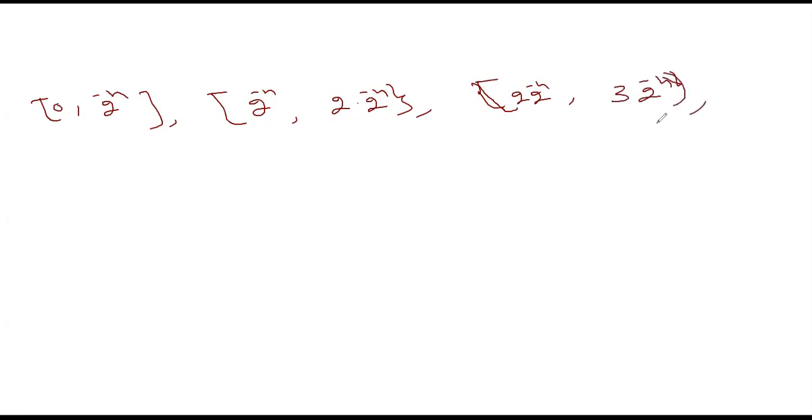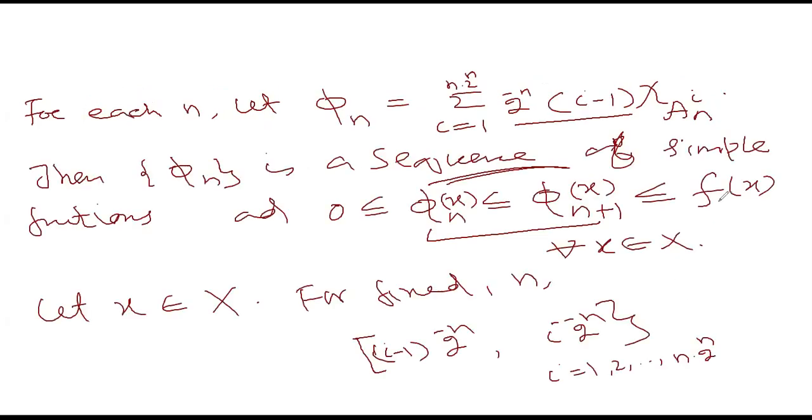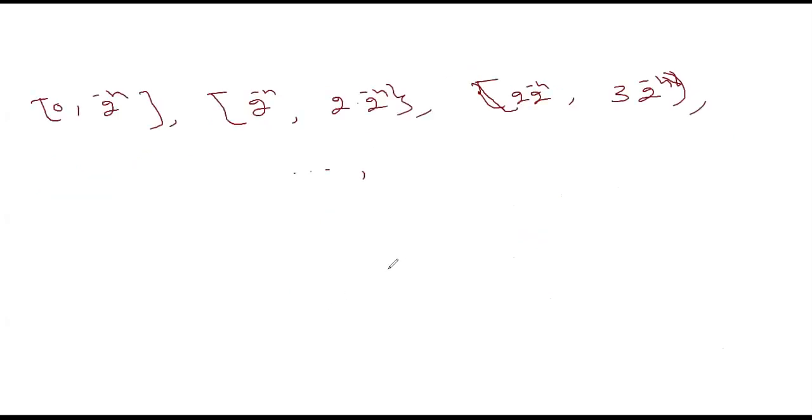If we continue this process, what's the value of i at the last step? i varies from 1 to n into 2 power n, so the last value is n into 2 power n. For i equal to n into 2 power n, the last interval is from (n into 2 power n minus 1) times 2 power minus n to n into 2 power n times 2 power minus n.